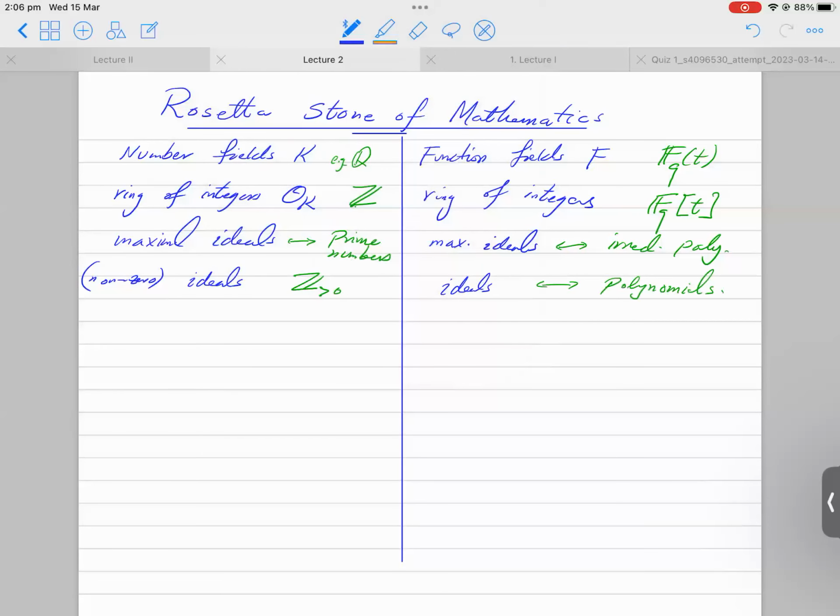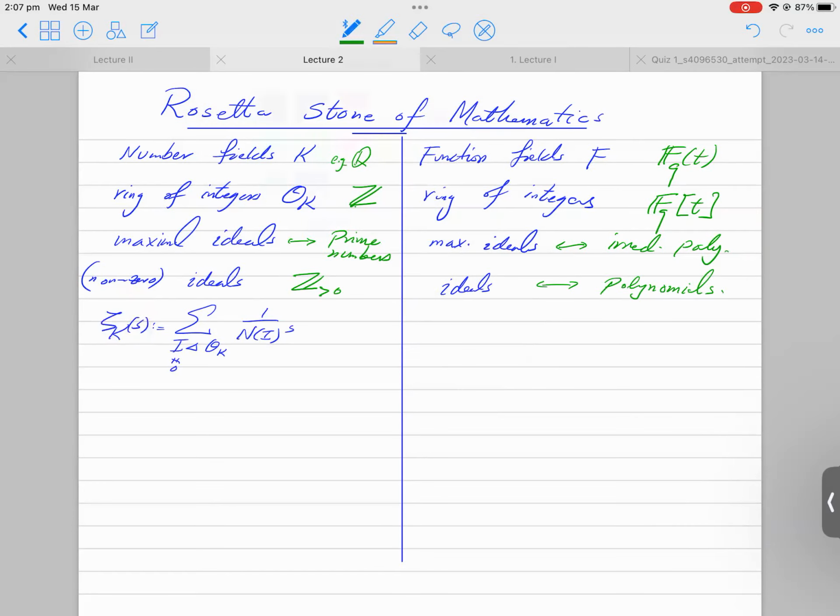And then we have the zeta function attached to each of these settings, and the definitions are identical. You look at all the non-zero ideals, and you take the norm of the ideal to the power s. So this is zeta of s, where s is a complex parameter, and the norm of the ideal, as we discussed, is the size of the residue field.